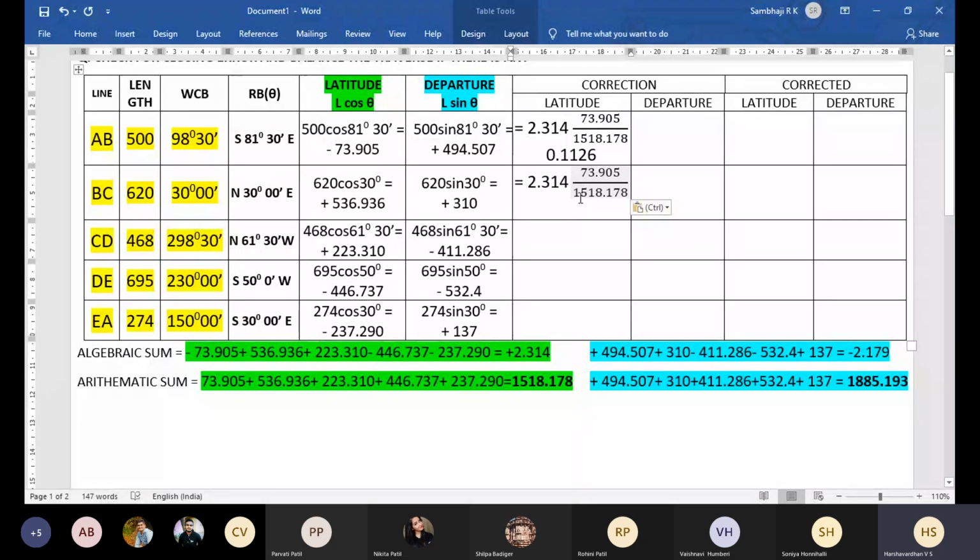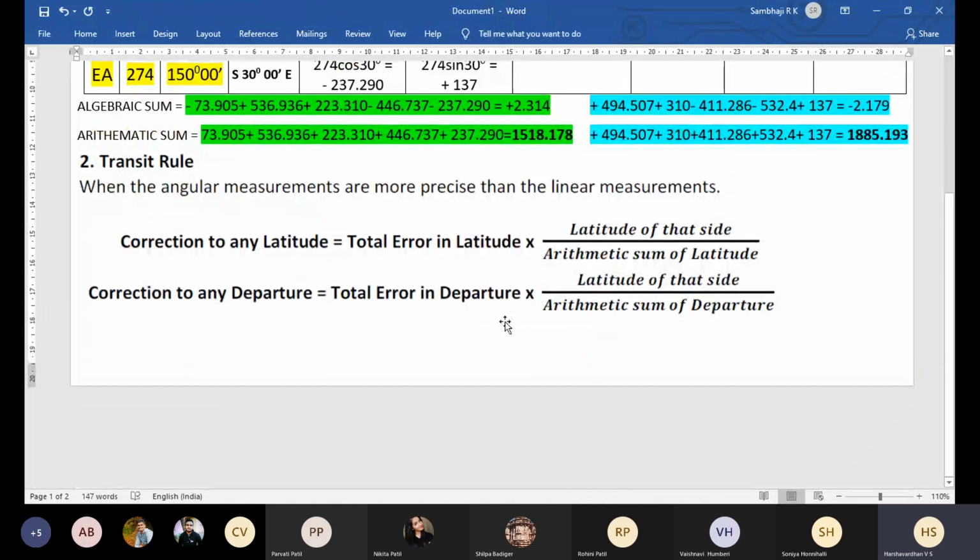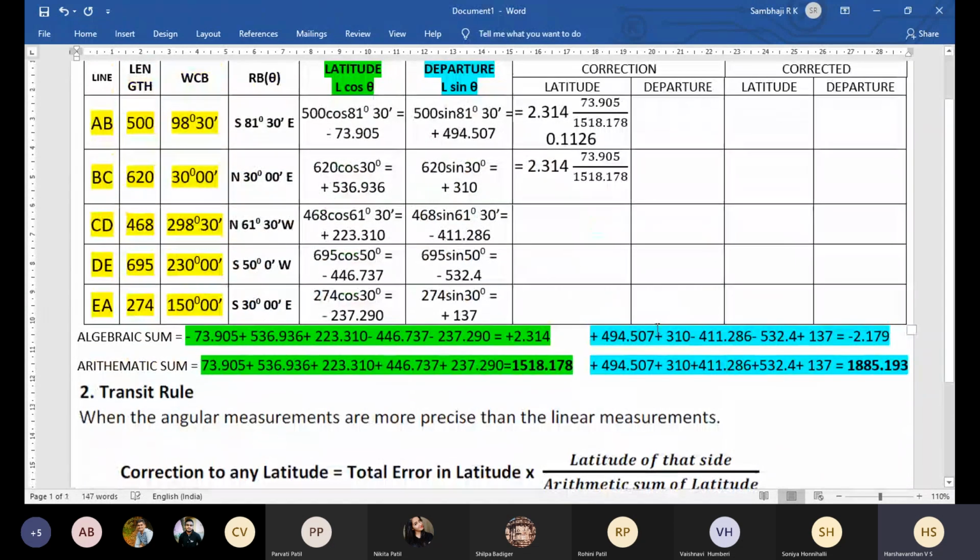Similarly, we'll calculate the correction for the next line. Total error in latitude will remain the same, 2.314. Only latitude of that line will change.